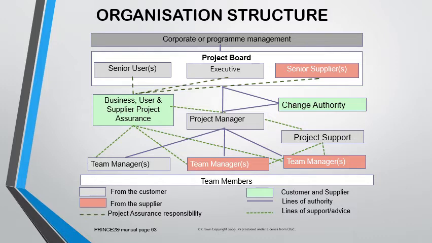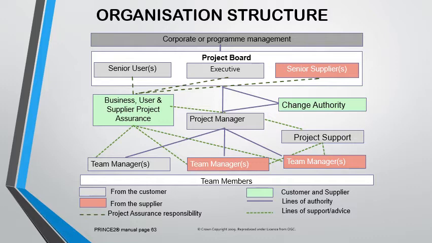At the next level, we have the project board, where we have representatives of the users, representatives of the business, and representatives of the suppliers. Please take note. The representatives of the users are called senior users. The representative of the business is known as the executive, while the representative of the suppliers is known as the senior suppliers.